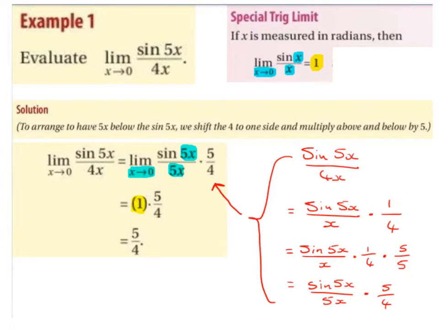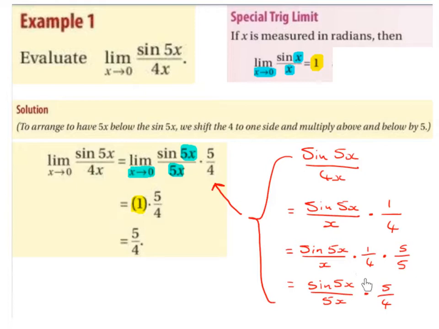Next, I'm going to multiply by 5 over 5, because technically you're multiplying by 1 and that does not change the value. So I have sine 5x over x times 1/4 times 5 over 5. And now I can start to rearrange things. On the top, I'm going to have sine 5x, and then 1 times 5 is just 5.